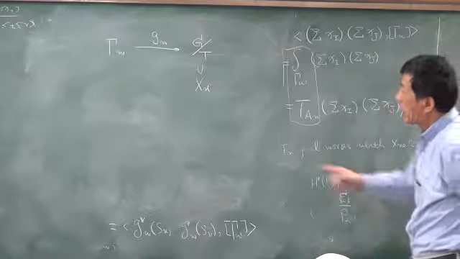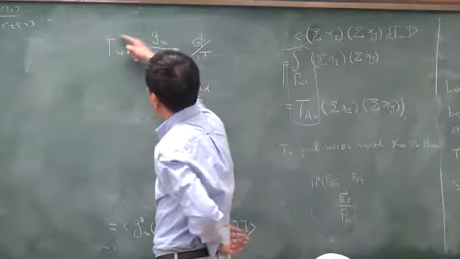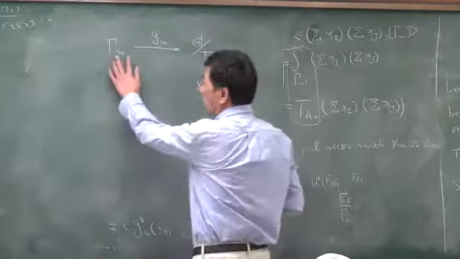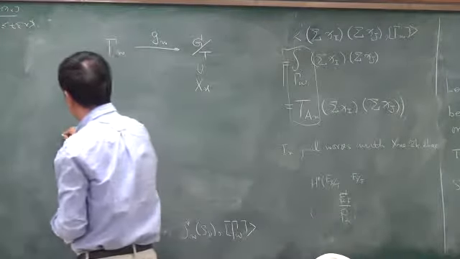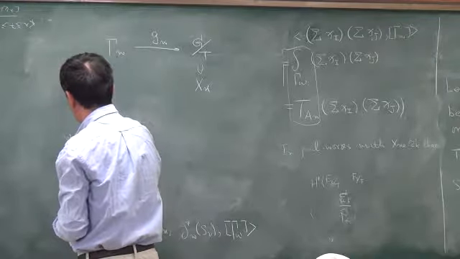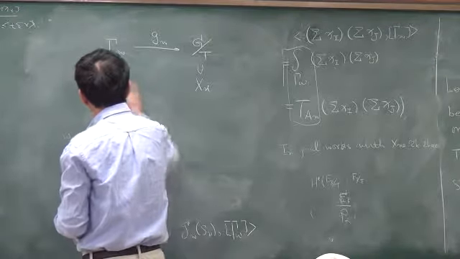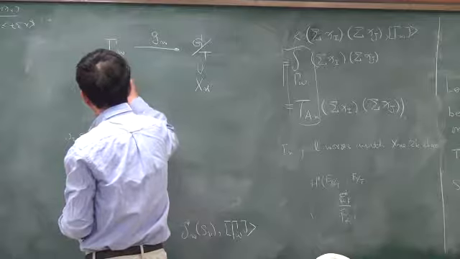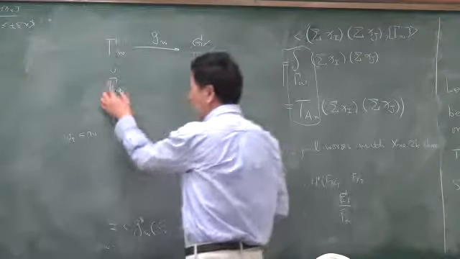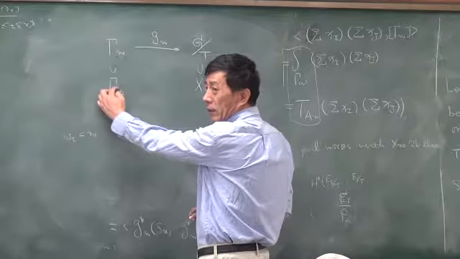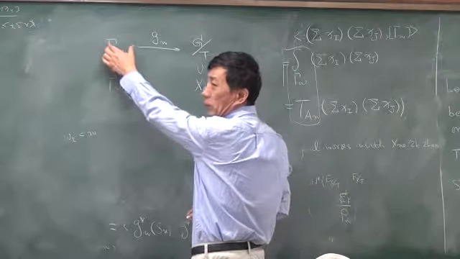From the construction of gamma, suppose we have a subword of this W. You will find that the corresponding Bott manifold is a submanifold of this one.